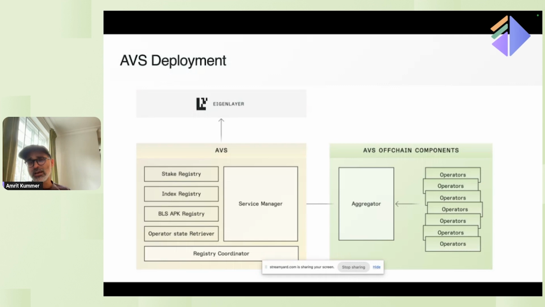But before that, for those who are new to AVSs, actively validated services, it's essentially like a middleware that you could build. It could be a network, it could be a PoS chain, anything that you can imagine. It's a network, a service that you could build using EigenLayer's restaking mechanism. And an AVS basically has 2 components. The first part, on the left, is the on-chain component.